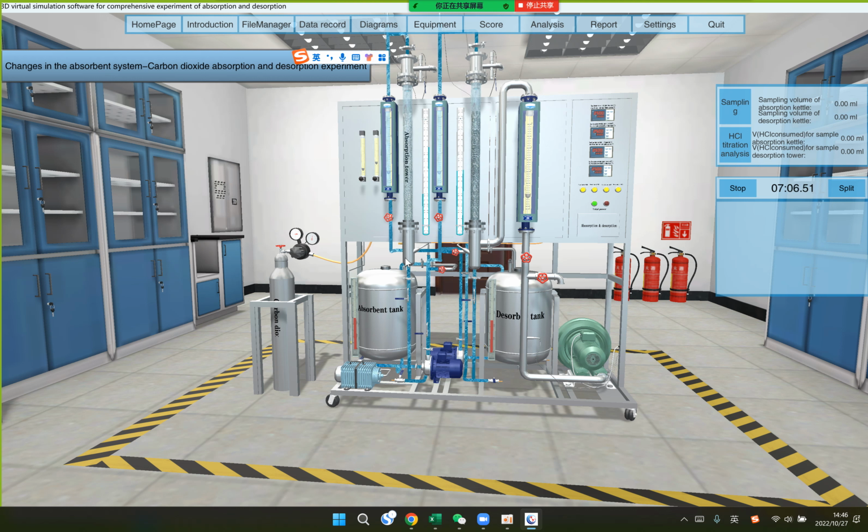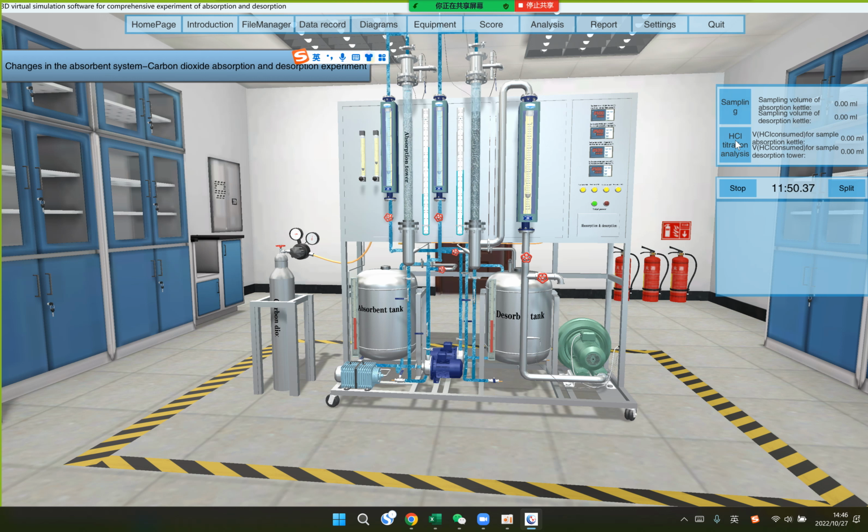It's pure water, and the bottom liquid concentration, we can use some acid base titration experiment to find how much carbon dioxide is in the bottom liquid. So we will actually use an HCl titration analysis.